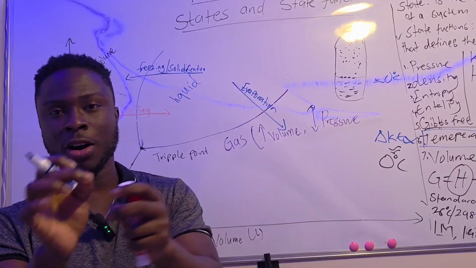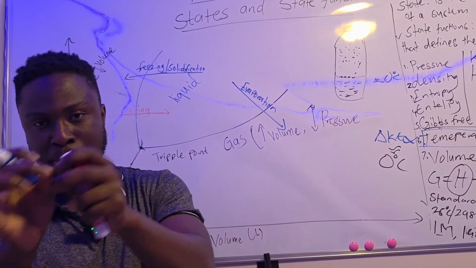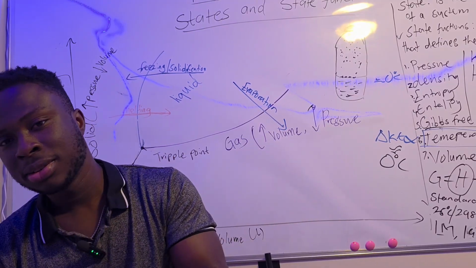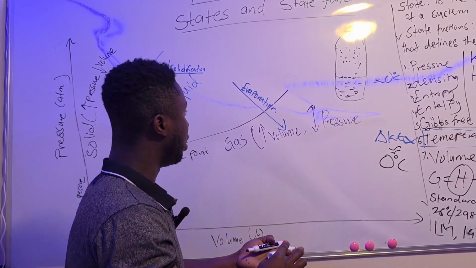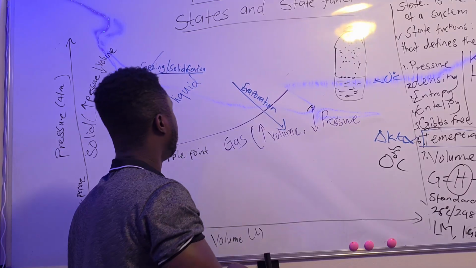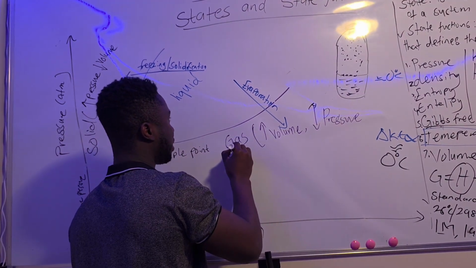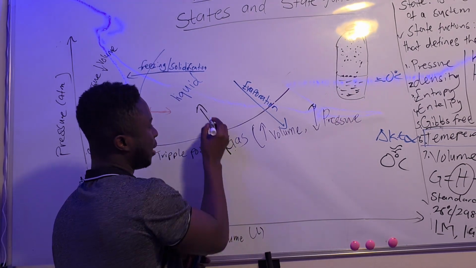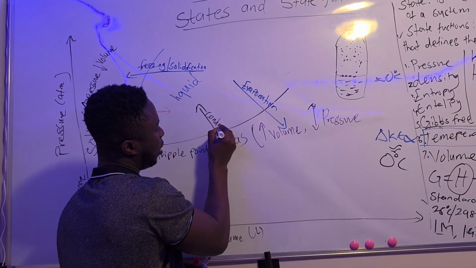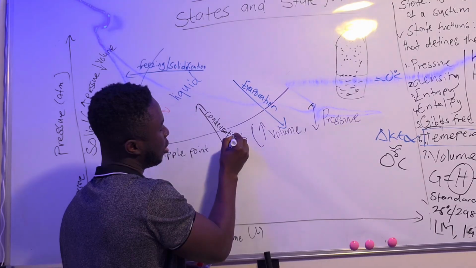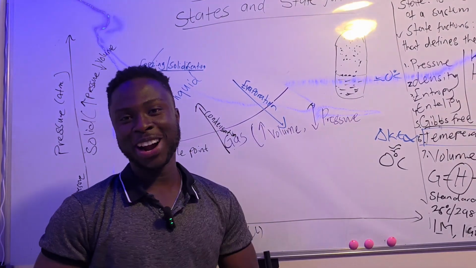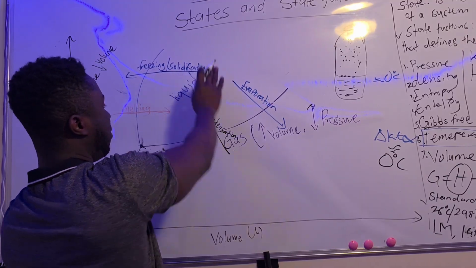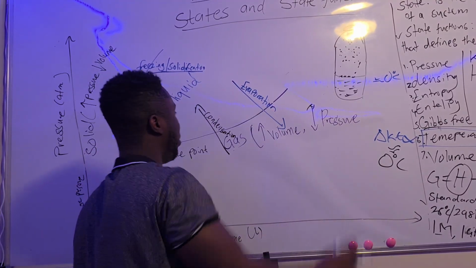And this process of losing the energy and getting back into liquid is what we call condensation. So if we are moving this way, from gas to liquid, we call it condensation. All right, now we've done melting, freezing, condensation, evaporation.